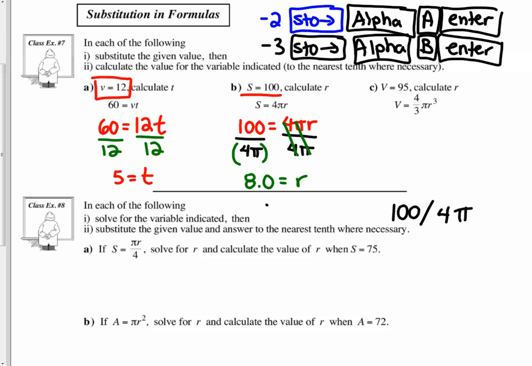All right, let's do this last one because it's good practice for this unit. 95 is equal to 4/3 pi r cubed. This is a fun one. There's a few ways we can isolate this one. What would you do? Divide by what?